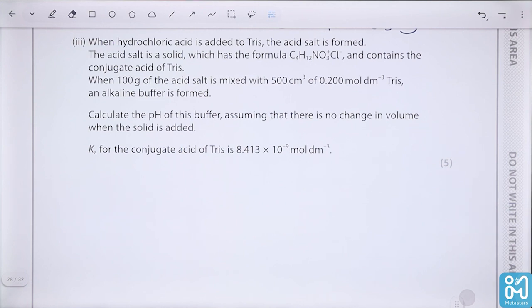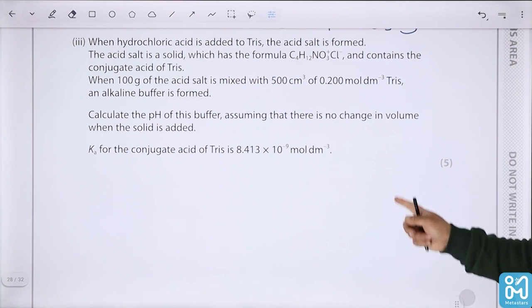When 100 grams of the acid salt is mixed with 500 cubic centimeters of 0.2 mol of Tris, the alkaline buffer is formed. Calculate the pH of this buffer, assuming that there is no change in the volume when the solid is added. Ka for this reaction is given.